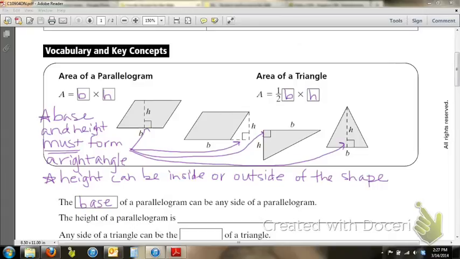But a height must be the segment that forms a right angle with the base.